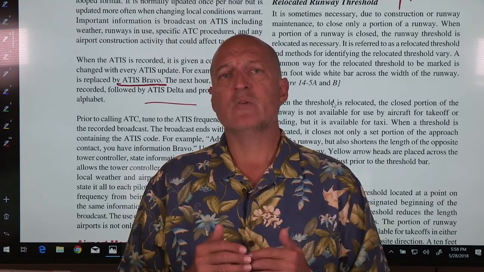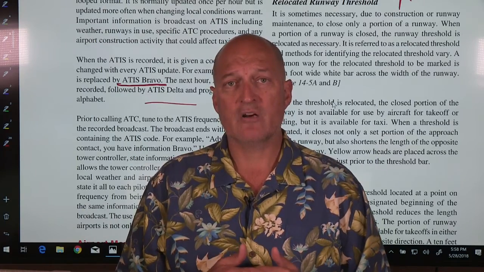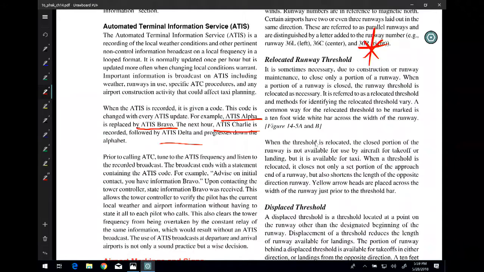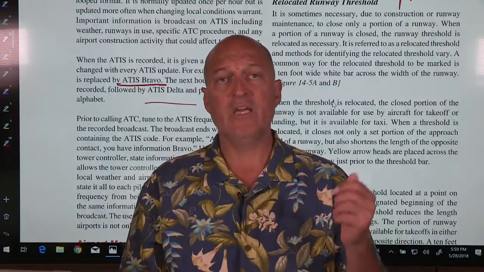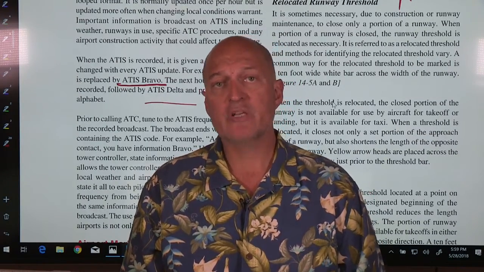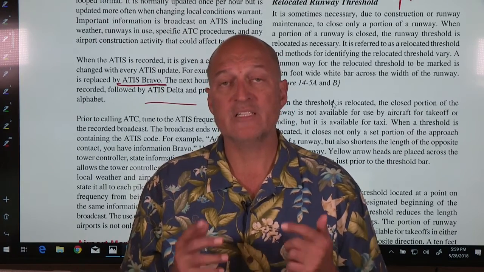Then there's another thing that we get primarily at towered airfields called ATIS. And ATIS, as you can see here in the materials, is the Automated Terminal Information Service. With that, we get weather information, plus we get operational information about the airport itself.